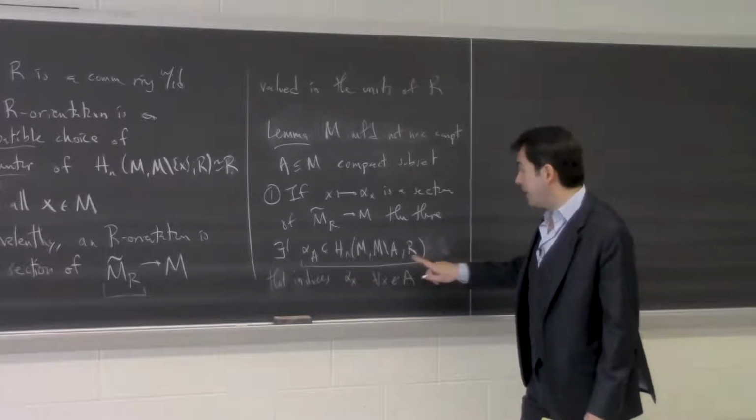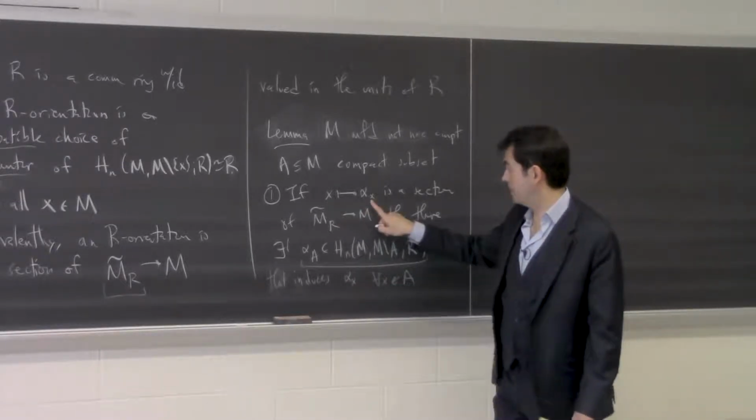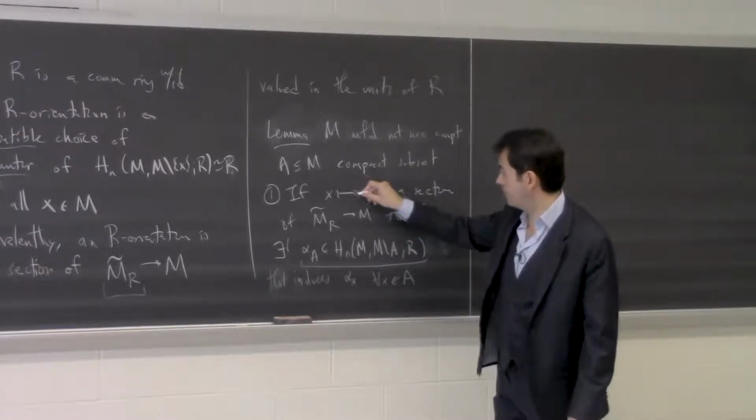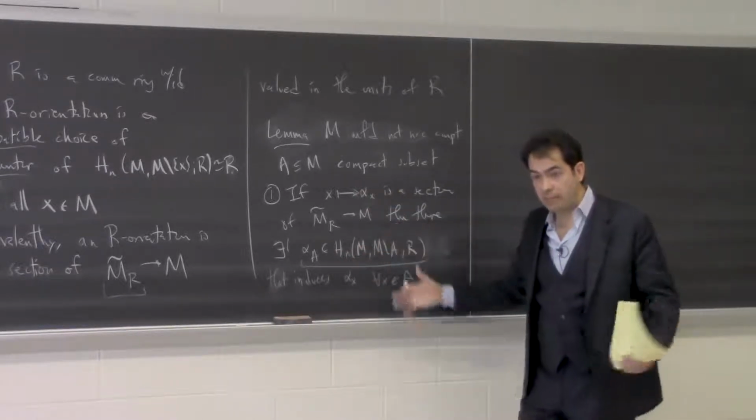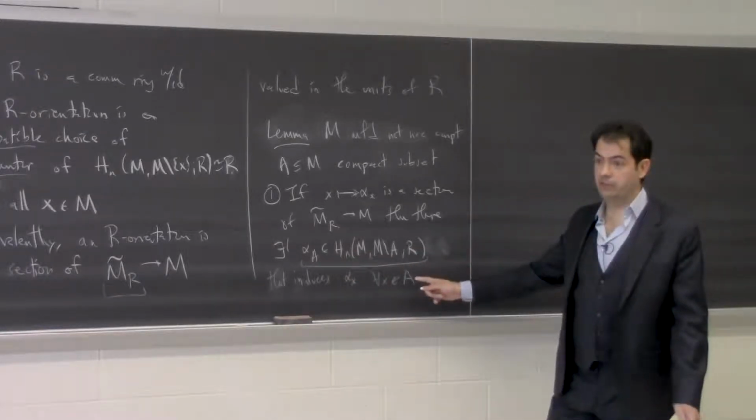And so that gives us an alpha x. So the claim is that all of these individual elements of the local homology groups can be amalgamated together into a single element for any compact set.